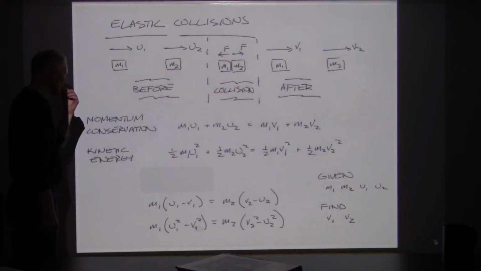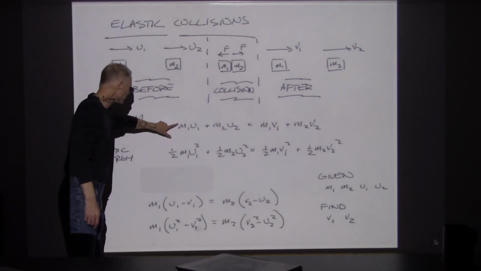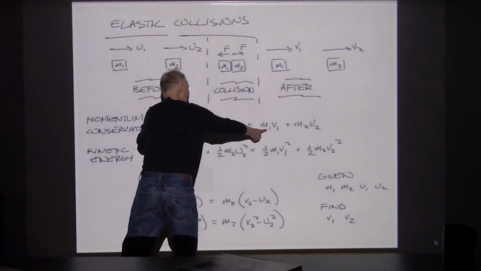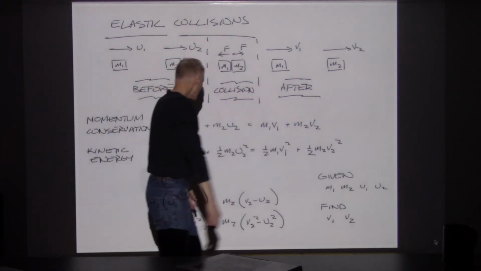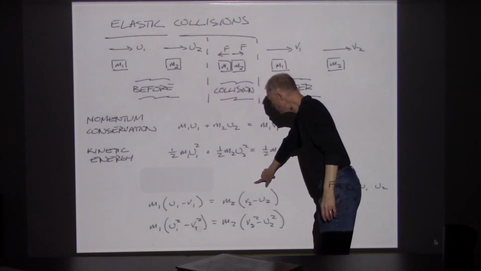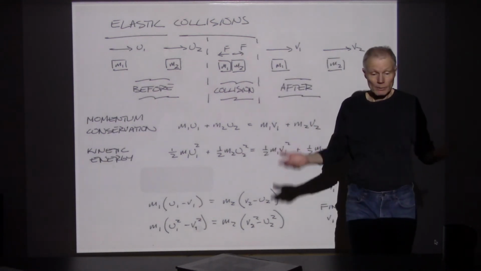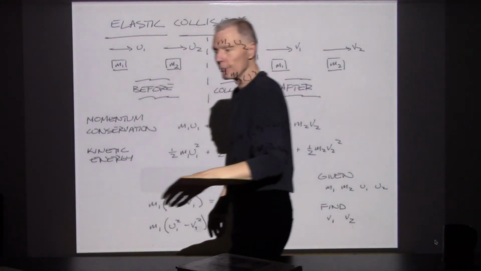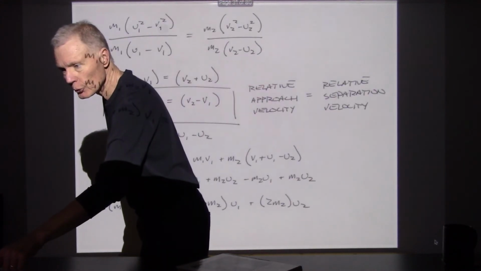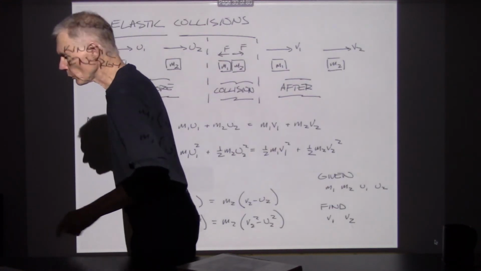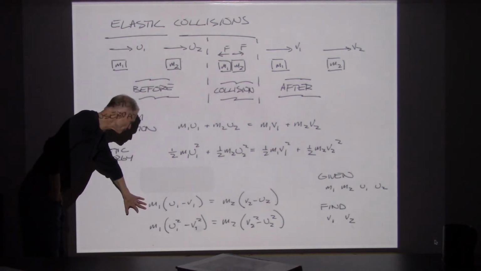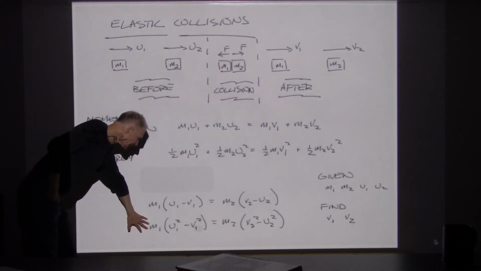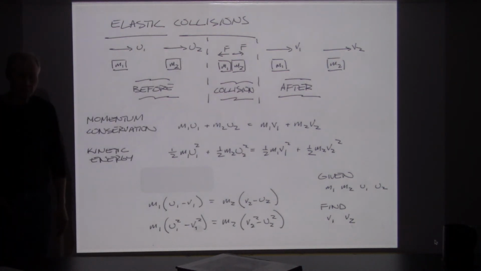Now, what we can do is take the first equation, take the terms that have m1 and put them on the left side, and then take the terms that have m2 and put them on the right, and then for kinetic energy do the same. So those last two formulas, this is the momentum formula, and this is the kinetic energy formula with everything rearranged.